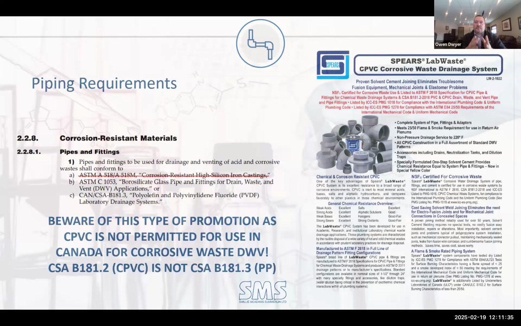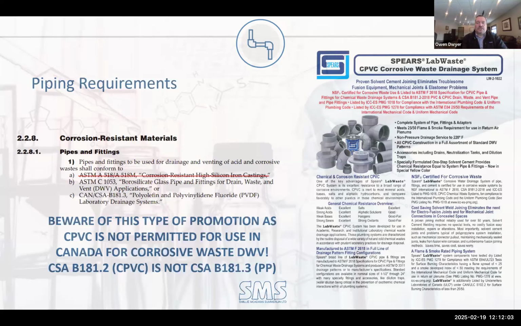PVC and CPVC fall under the material category under our code of CSA 181.2. And for specific corrosion resistance requirements and chemical resistance, the code specifies 181.3, which is polyolefins, polypropylene, polyethylene, and PVDF. That is because they are inert to these solvents. So I just wanted to touch on that.